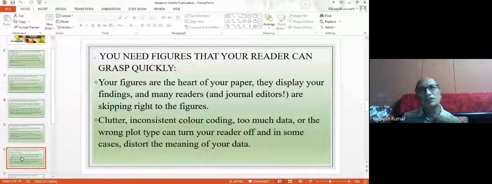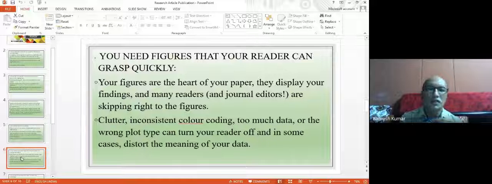So it's always better to give as much information as possible so that your table is easily understood by the reader. That is one of the important things.